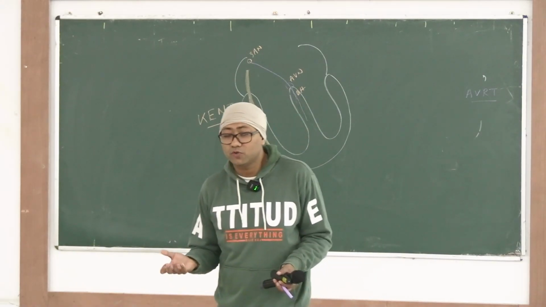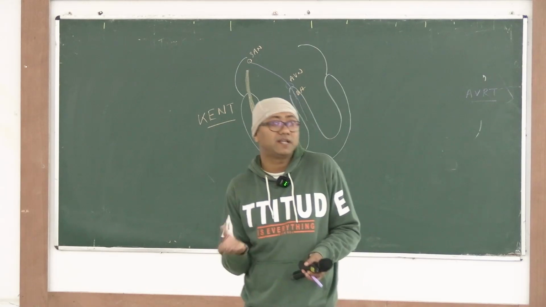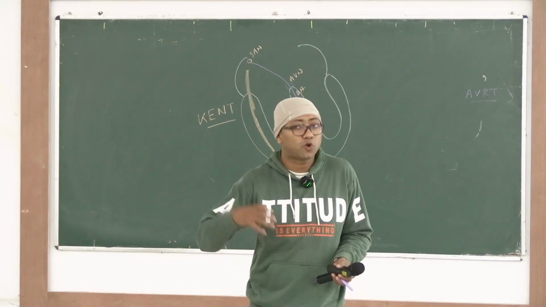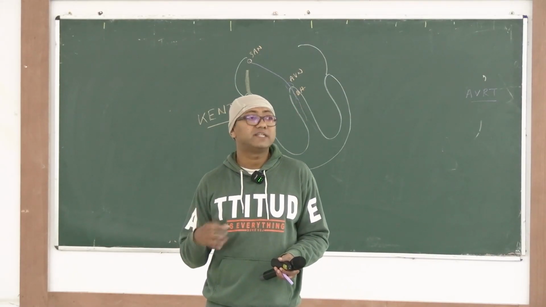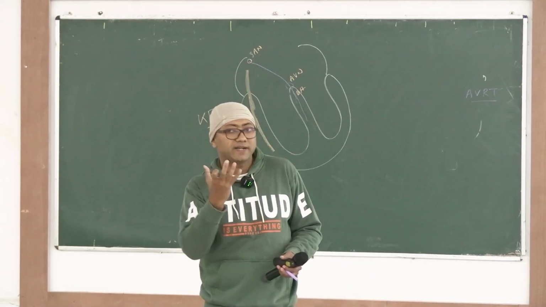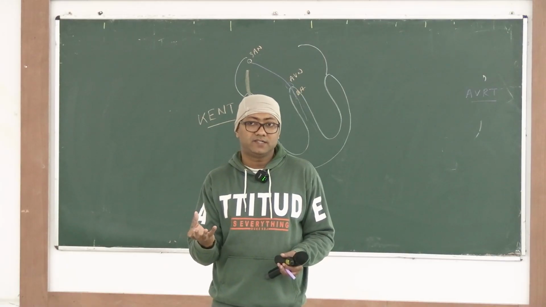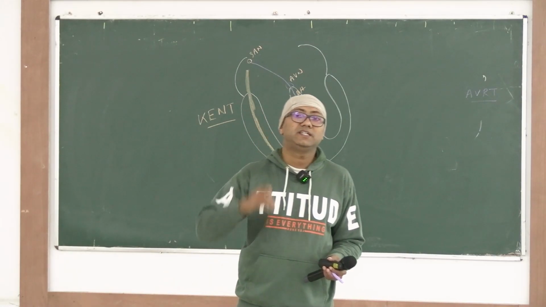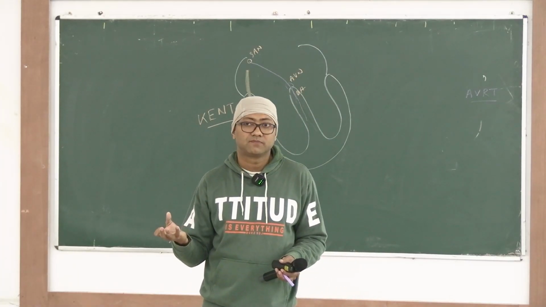What is the function of the AV node? It checks the action potential, whether it is normal or abnormal. It is the police, okay. It will allow only the normal traffic, not the smugglers, right. AV node is the policeman of the heart. It will check all the action potentials coming from atria and allow only the normal one, and send it to the ventricle, but it will stop the abnormal discharge from the atria, right.